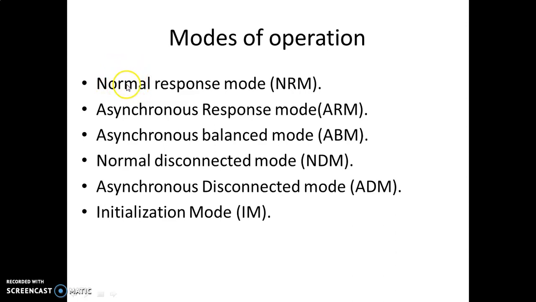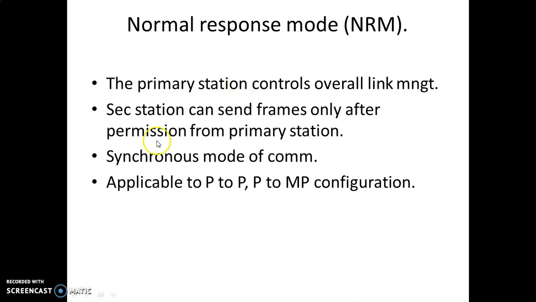The very first thing you have to write is that normal response mode is a synchronous mode of communication. This is the first statement that you write. Since it is a synchronous mode of communication, this is a very important statement: the secondary station can send frames only after taking permission from the primary station.